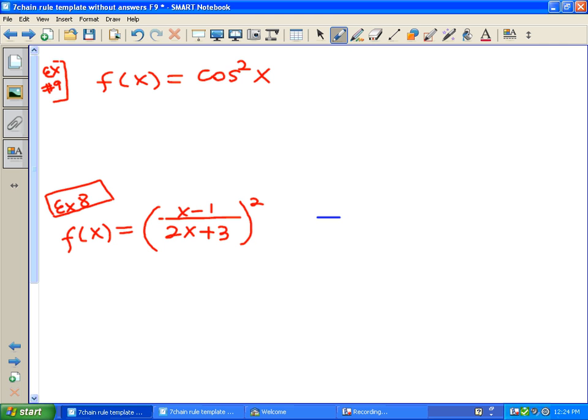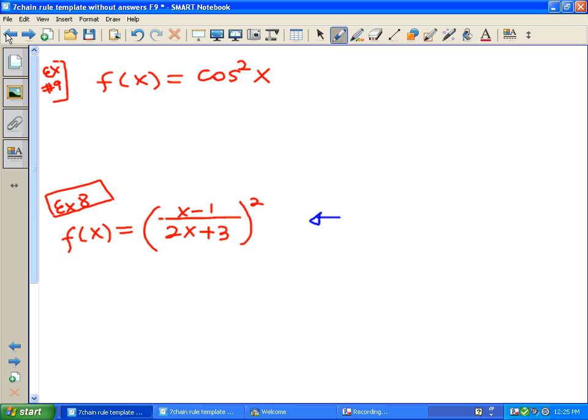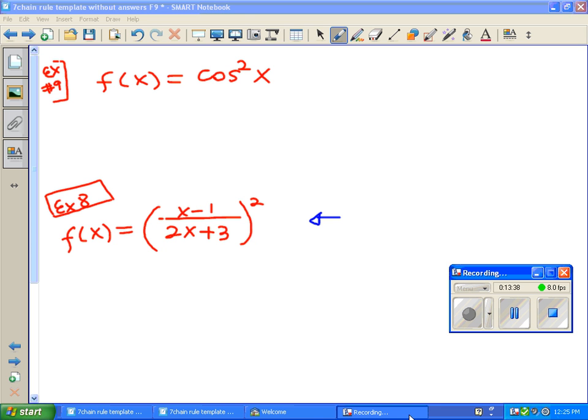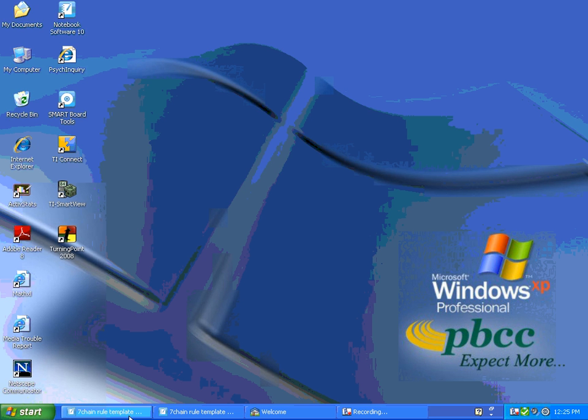Okay, next I suggest you try this example. And once again, when it's time to differentiate the inside, you will need the quotient rule. And when you're done, please come back and check your answer.